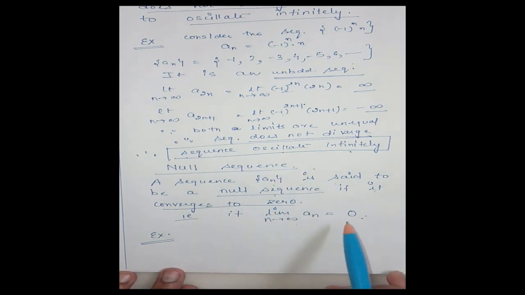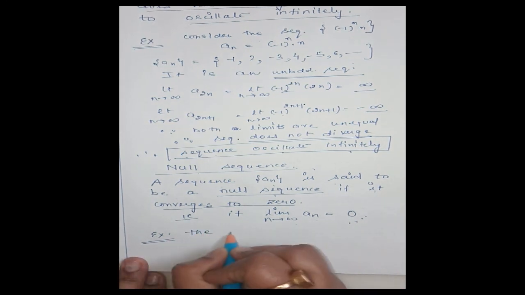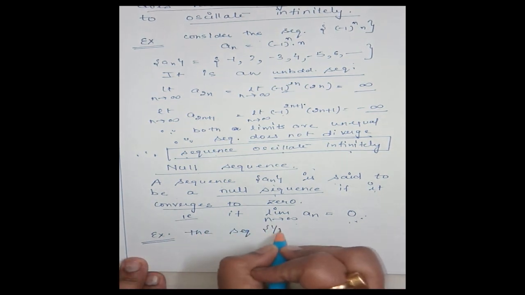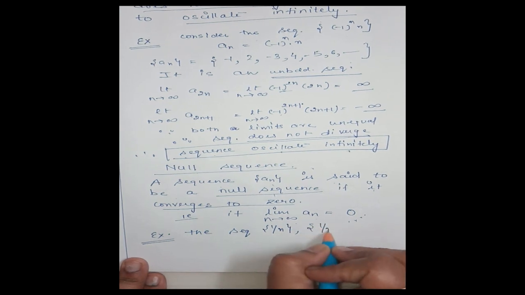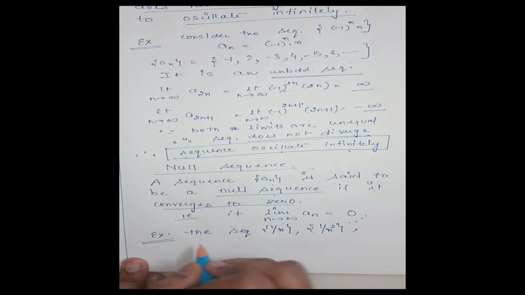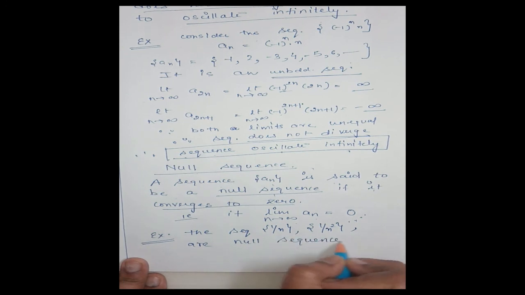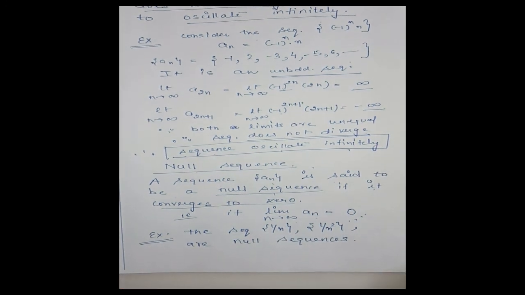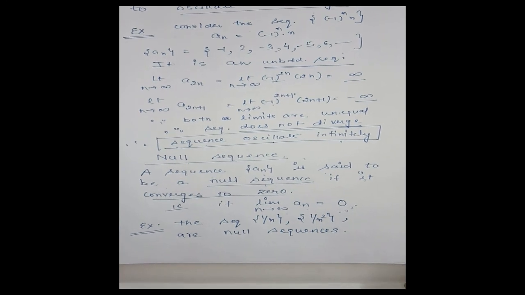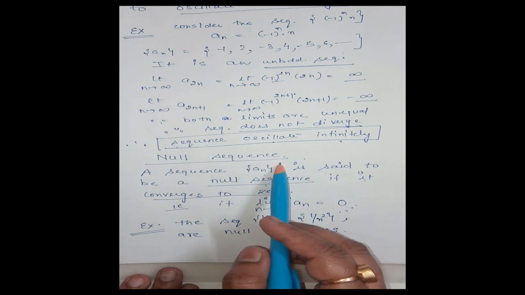For example, 1/n and 1/n squared are examples of null sequences. We have many such examples; a sequence whose limit is 0 is said to be a null sequence.